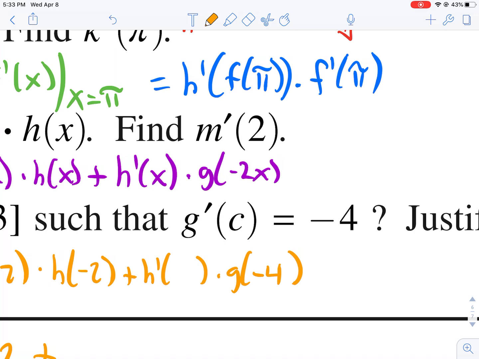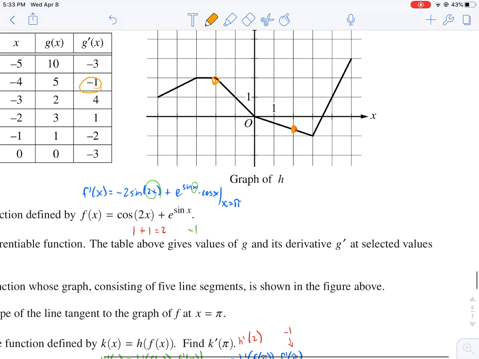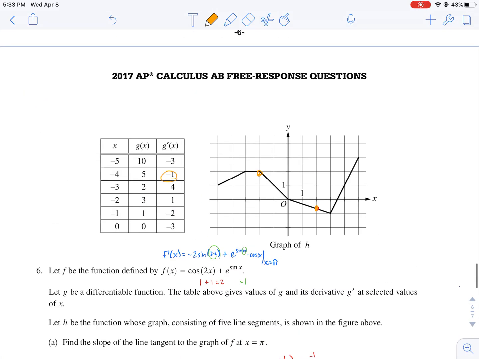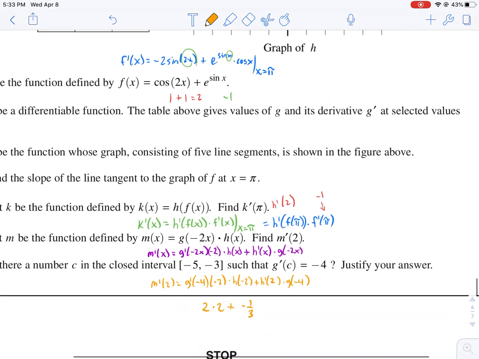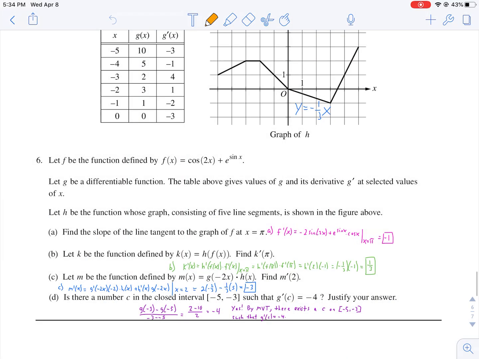H prime of 2, if you recall, is just the slope right here, which we already found to be -1/3. So you get plus -1/3 times g of -4, which you get from the data table again. G of -4 is 5. So you get 4 minus 5/3, which is 12 thirds minus 5 thirds, so it should be 7 thirds in the end.